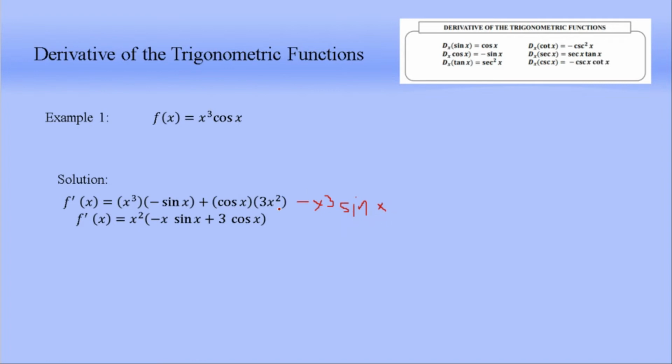And then this is going to be, to multiply this outcome, and then we're going to multiply this. The outcome will be 3x squared cos x.